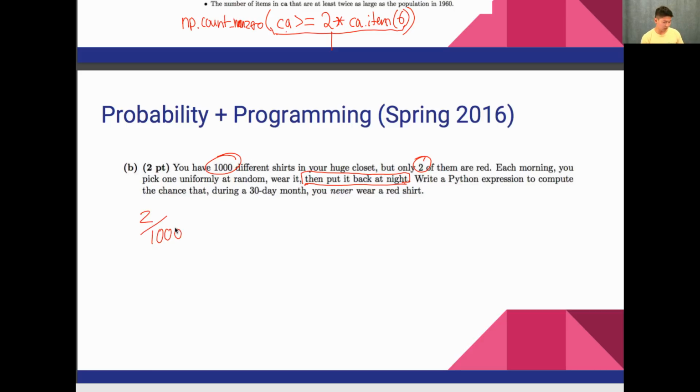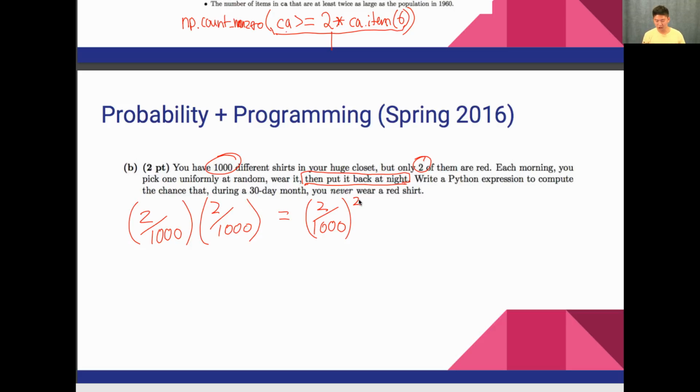So that's the chance that you wear a red shirt on day 1. The chance that I wear a red shirt on day 2 is just 2 divided by 1,000 times 2 divided by 1,000, or 2 divided by 1,000 raised to the second.